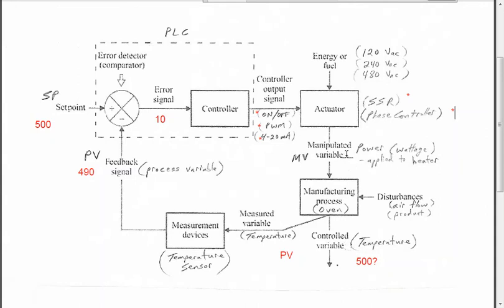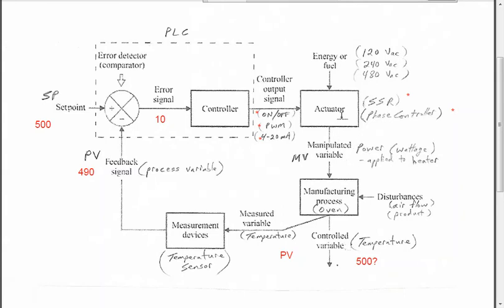So this manipulated variable, if the actuator is at 100% full throttle, you would get all of, let's say, 240 volts AC if you were looking at that. But you could throttle that back.